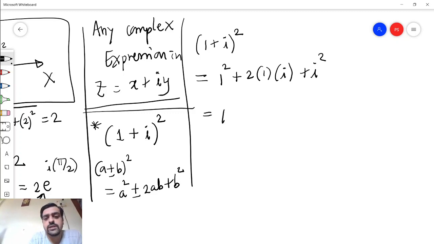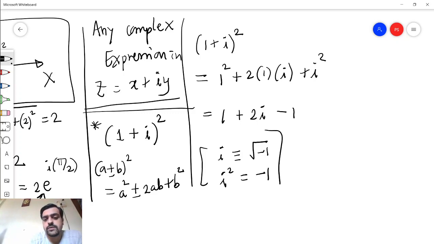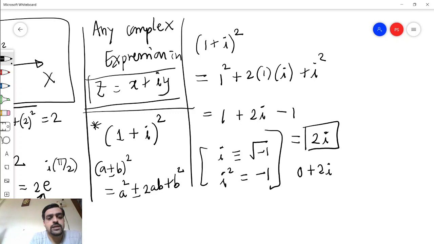So this is 1 plus 2i, and remember that since i was defined as square root of minus 1, i squared is going to be minus of 1. So let us substitute here minus 1, which gives us just 2i. So yes, 2i, 0 plus 2i, is nothing but the required expression.